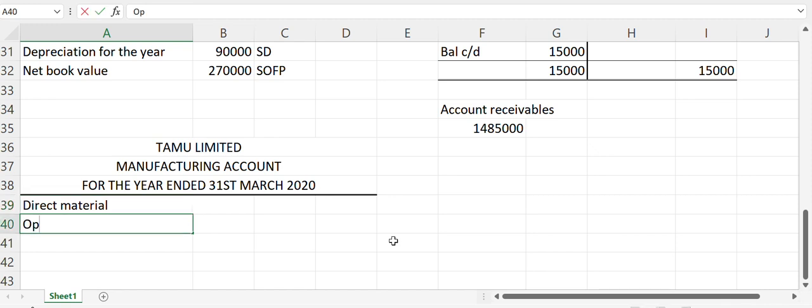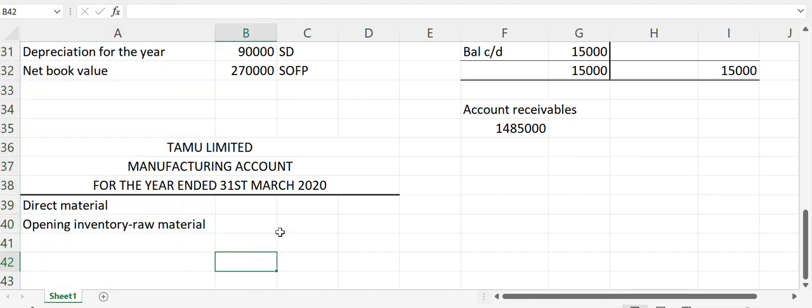Remember, for the direct material we always start with the opening inventory of raw material. Don't forget that we are dealing with raw material. So let me put shillings here.